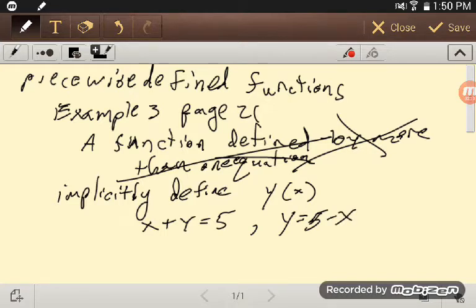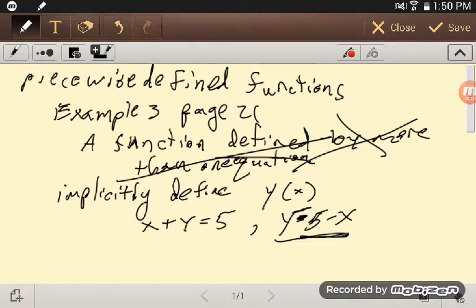I would still, though, say there's an equation, and if you want to think of a function, then that's a different thing, because you say, well, y is a function of x here, but I could turn around and say x is a function of y there, and it is.